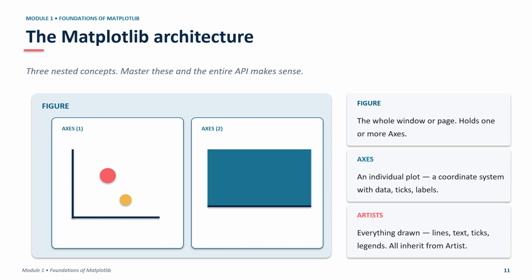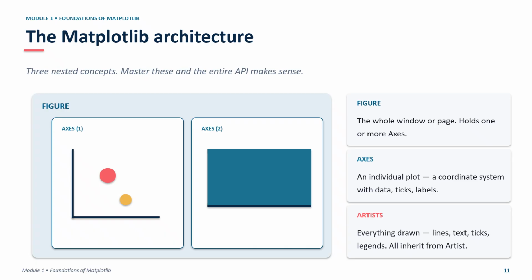So figure means that it is the outermost container, created with the plt.figure() method or plt.subplots() method. It controls the overall size, the figure size, the resolution, the DPI of the image, and the background color.